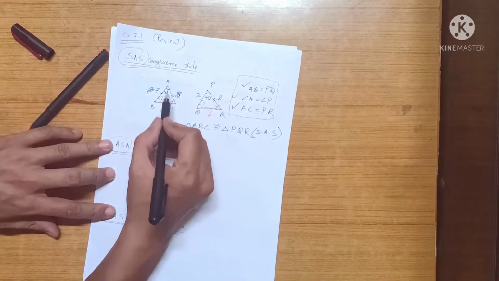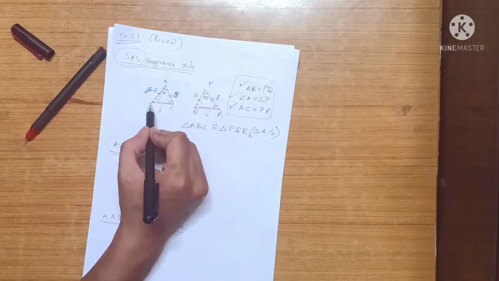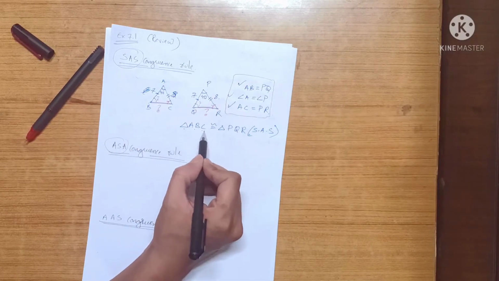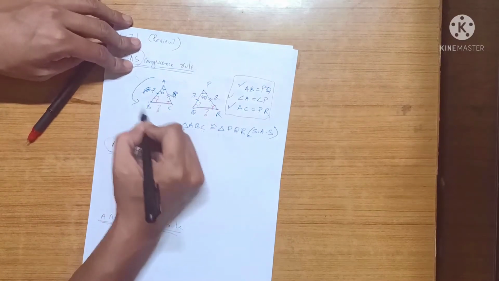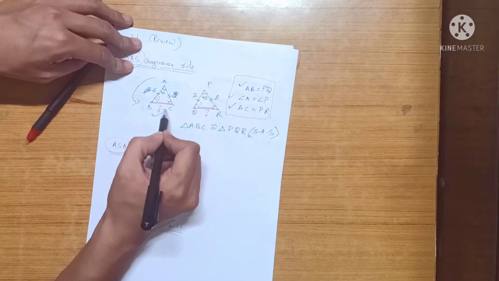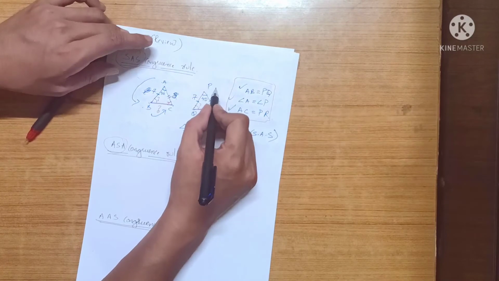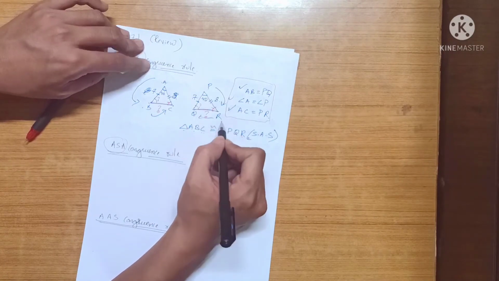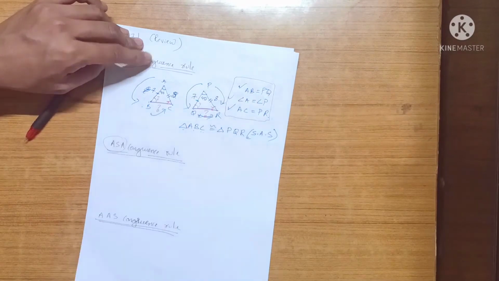Our next thing, a very important one, is that when you are writing congruence, you write triangle ABC. So you go like this: A, then B, then C. When you are writing the name of the other triangle, you cannot write it like PRQ. You have to go the same exact way as this triangle went.